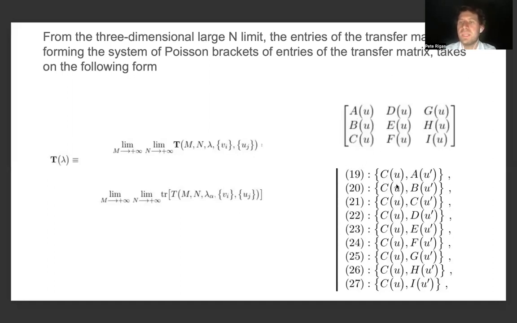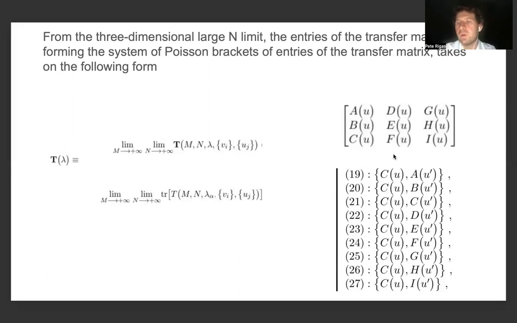And we can obtain the entries of the Poisson bracket by taking another three-dimensional transfer matrix, and instead having all these components of the three-dimensional transfer matrix be dependent upon U prime, just another spatial parameter instead of U.